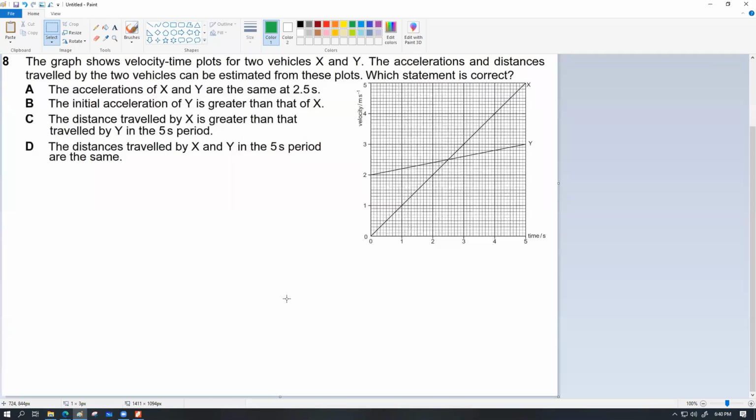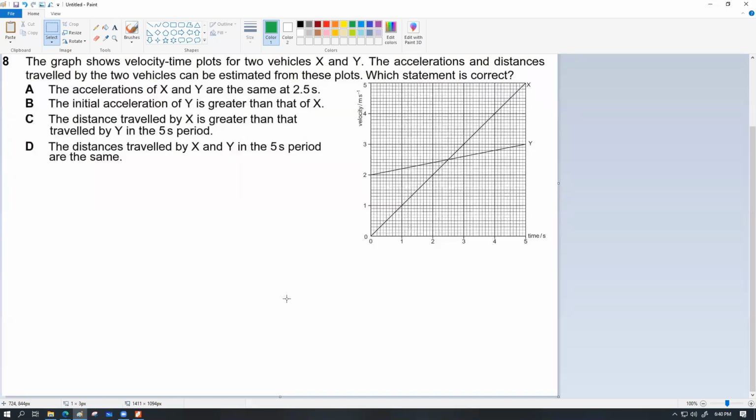Because I can see congruent triangles, I can say that the area between the x line and the y line should be exactly the same. I didn't yet look at the MCQ choices, so I'm still going through the properties of the graph. From the graph, I can also say that x starts from rest, whereas y doesn't start from rest. Y had an initial velocity when time completely gets started. That's pretty much it, I believe.